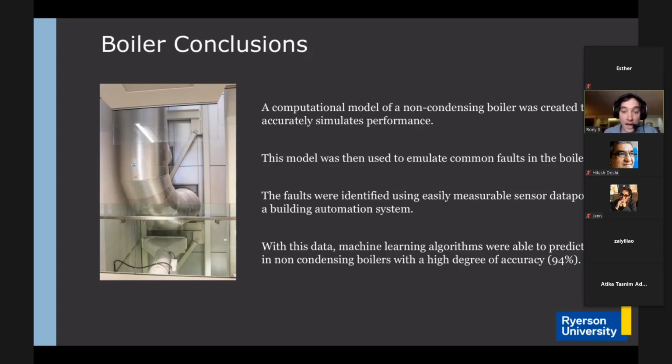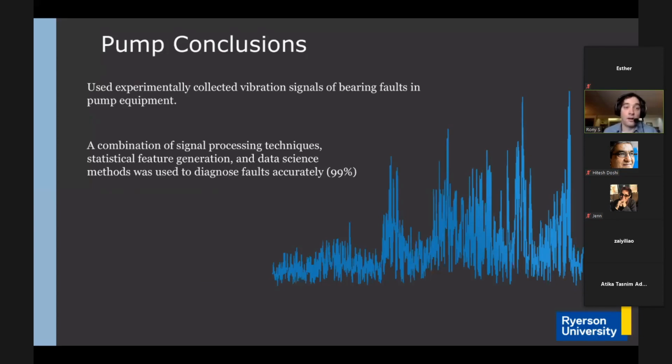Next, these faults were identified using easily measurable sensor data points of a building automation system. And finally, we've shown that the machine learning algorithms were able to predict faults with a high degree of accuracy, averaging roughly 94%.